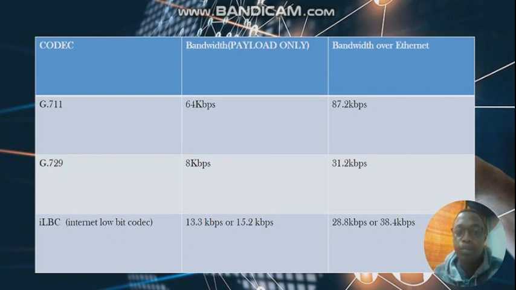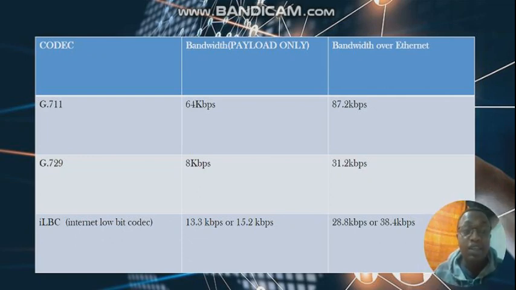So the payload bandwidth only represents the voice sent without encapsulating it, and the bandwidth over the internet includes the header information you added to the voice traffic, and this would include the source IP address, the destination IP address, and such headers as we move along the IP network.